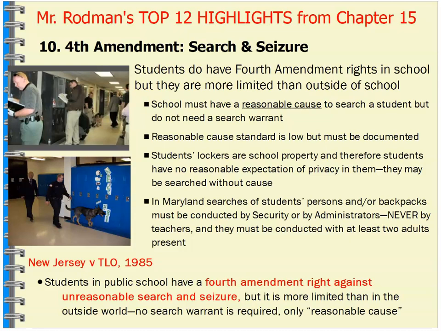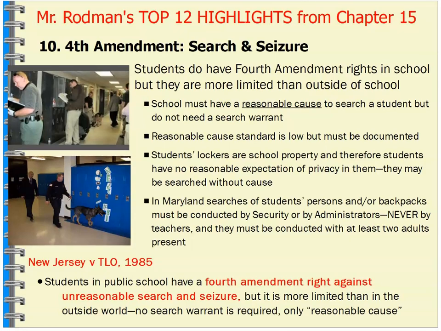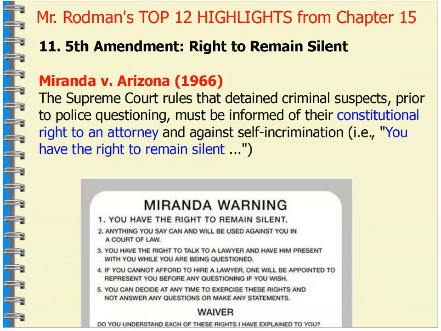And so they have the right to search your materials, including your locker, your purse, your bag, if they have suspicion of doing so. In the New Jersey v. T.L.O. case, the idea was, do they have the right to search your purse if they have suspicion to believe that you're carrying something that is illegal or contraband? And the court ruled that they did. If they have a reasonable suspicion or reasonable cause to believe that, they can do so.